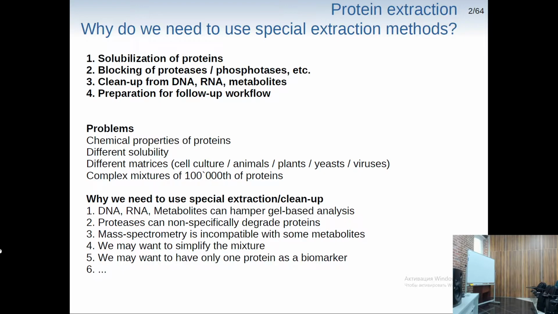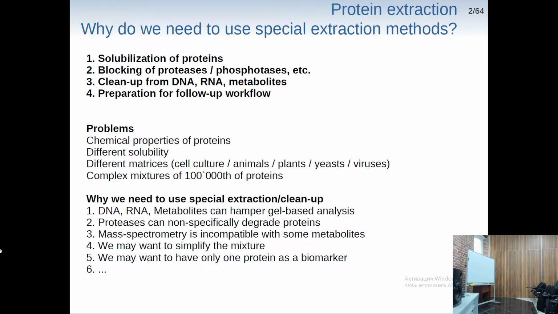Also, if we have some contamination of DNA and RNA, it can hamper our analysis. First of all, some proteins form complexes with nucleic acids, and we wouldn't be able to separate them because they would be on this, let's say, DNA or RNA.